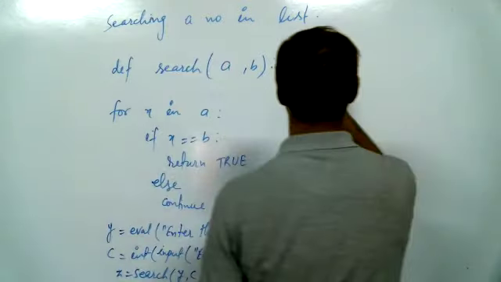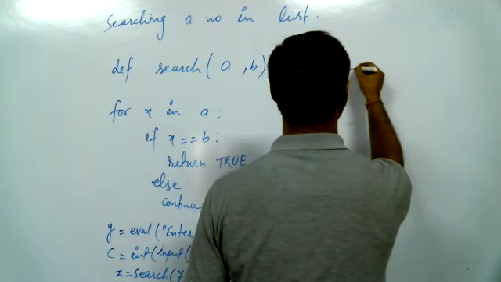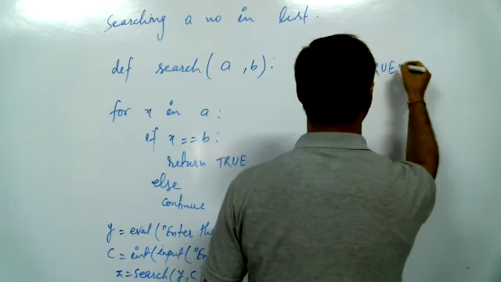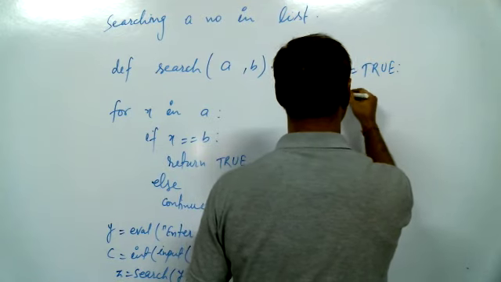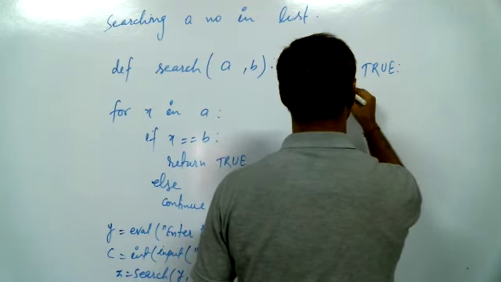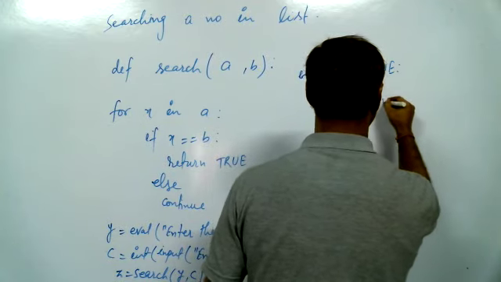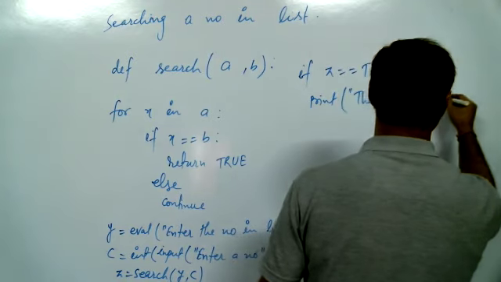So we will check the value of z. If z equal to true, then we will print the message: print the number found.